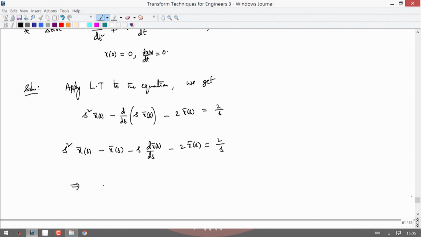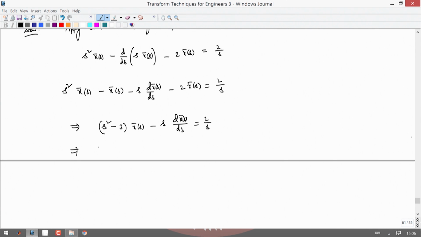So this becomes s square minus 3 times x bar of s minus s times dx bar of s by ds, equal to 2 by s. This you can rewrite as dx bar by ds minus (s square minus 3) by s times x bar of s, dividing both sides by s, equal to minus 2 by s square.